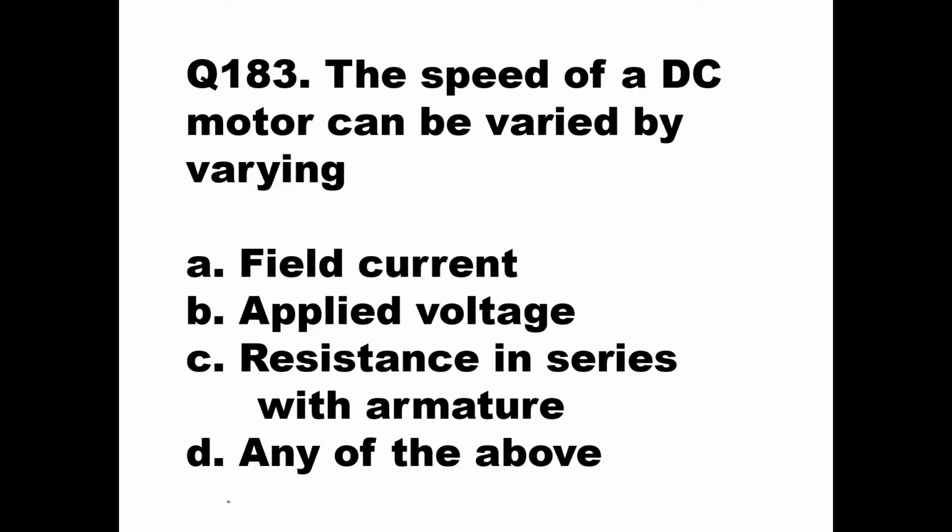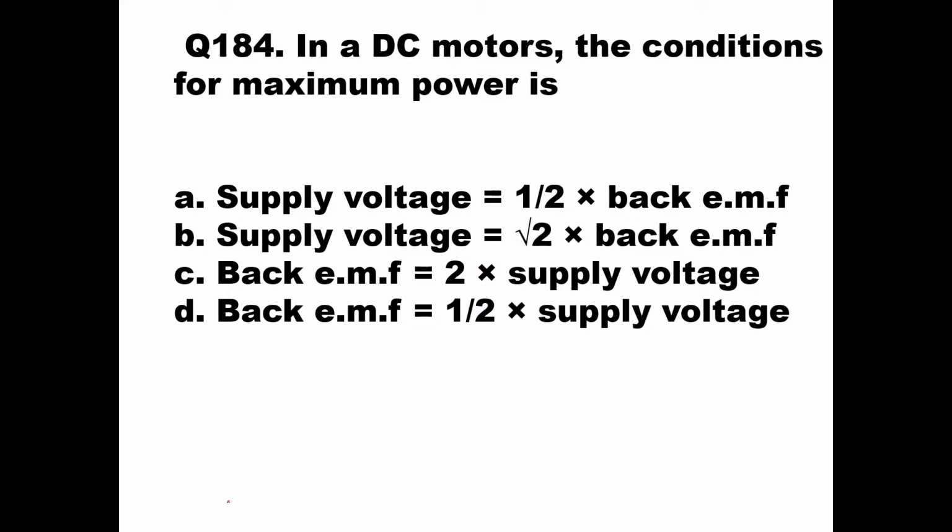And we can also vary it by varying resistance in series with the armature, which will also change the voltage. So any of the above is the right answer. Then we'll go to the next question.